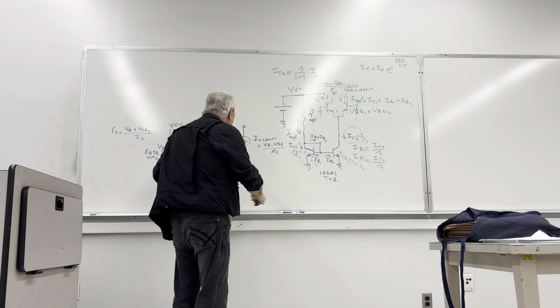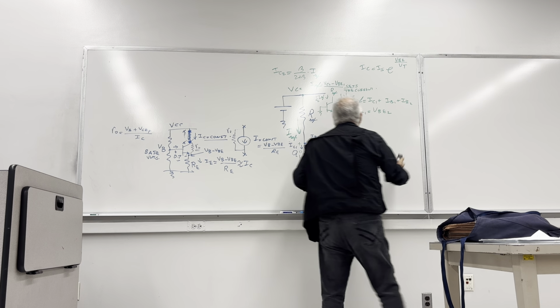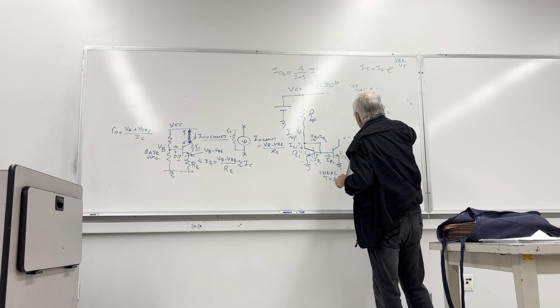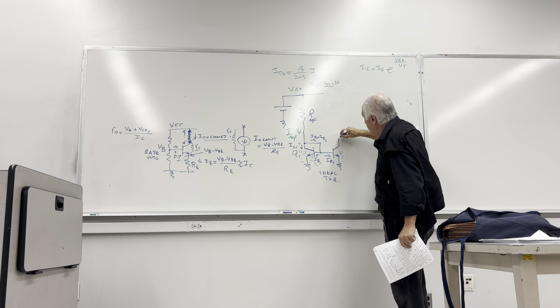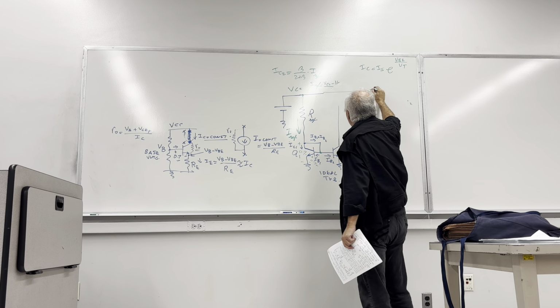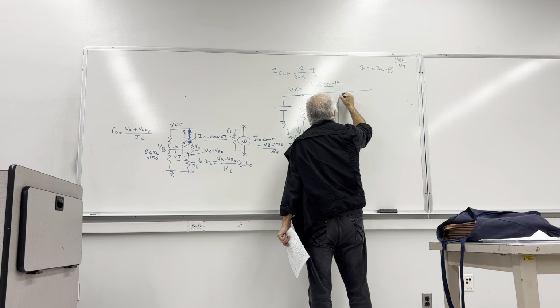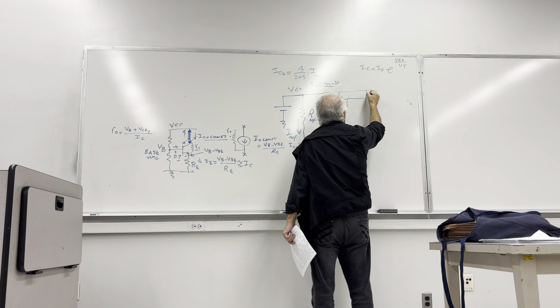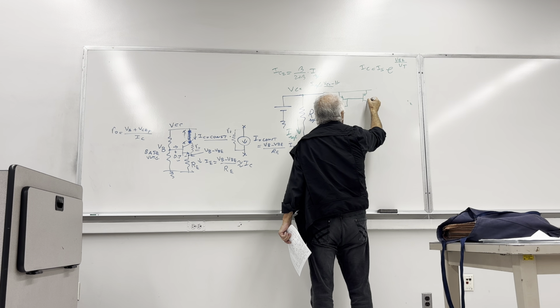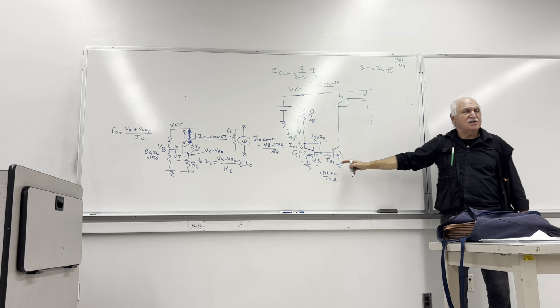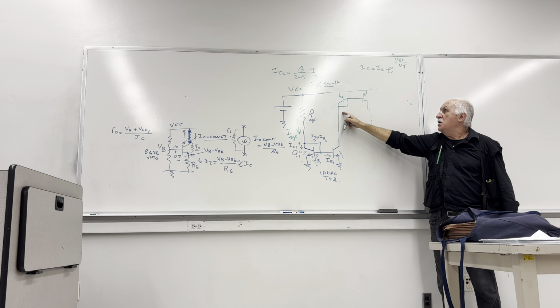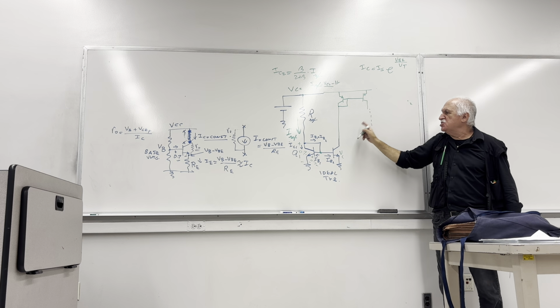And the nice thing about that is you can take that current from here and bias a PNP transistor exactly the same way.